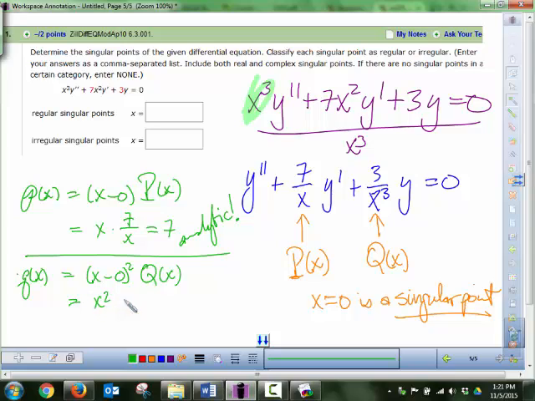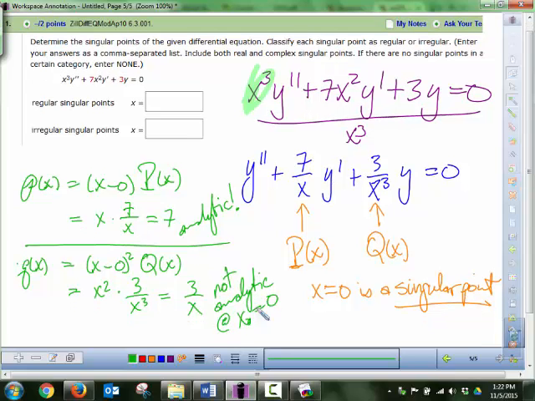We have x squared. What's Q of x? Q of x is equal to 3 over x cubed. And it looks like we were not able to get rid of that singularity. So, not analytic at x equal to 0. So it has to satisfy both. They both have to be analytic.